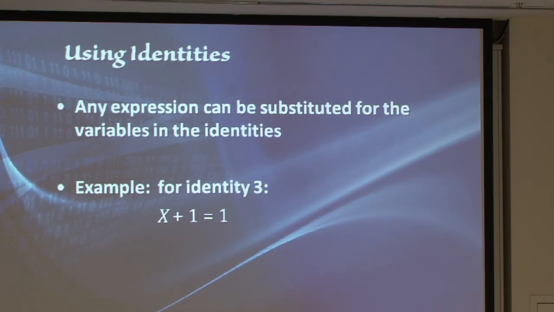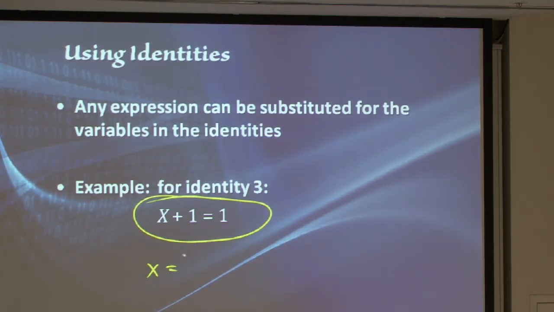Now, those identities that I showed you before, there was an identity, anything or 1 will be 1, for example. Any one of those variables can actually be replaced with the whole expression, which is still true. For example, this is the identity that I showed you before. And now I'll set, instead of x, I'll call it, what do I have in my example?